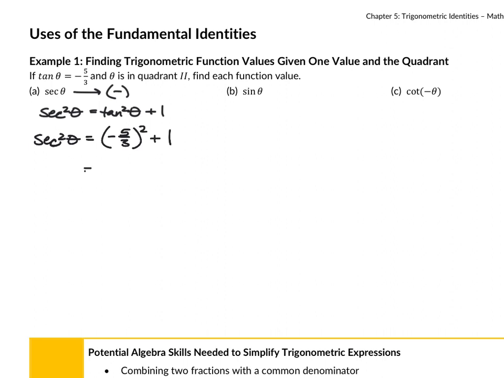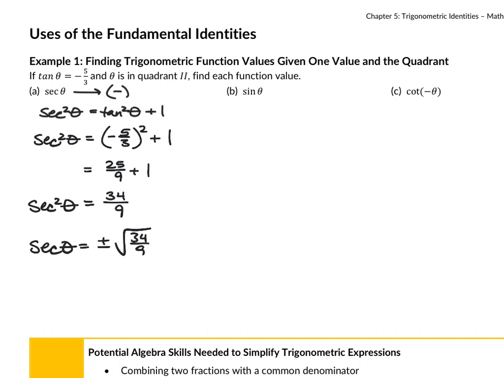So if we work with just the right side of this equation, negative 5/3 squared is 25/9. And so if I'm adding 1 to that, it's like adding 9/9, which makes this 34/9. Now, of course, that is equal to secant squared of theta. And if I just want secant of theta, I need to take the square root of both sides.